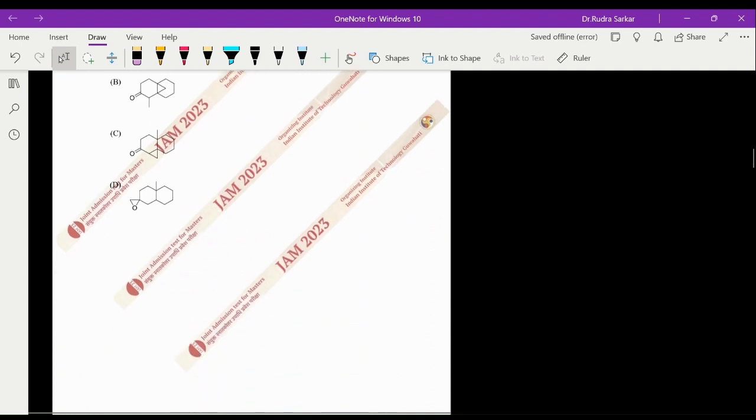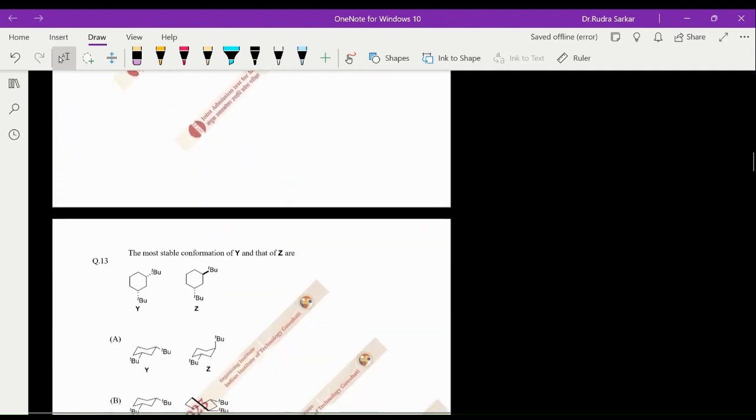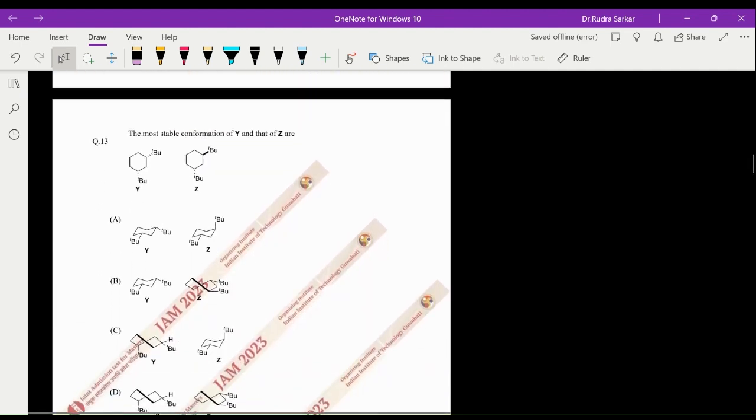Okay. And question number 13 says the most stable conformation of Y and that of Z are. So among all the options that are given over here, we have chair and twisted boat conformations given to us.